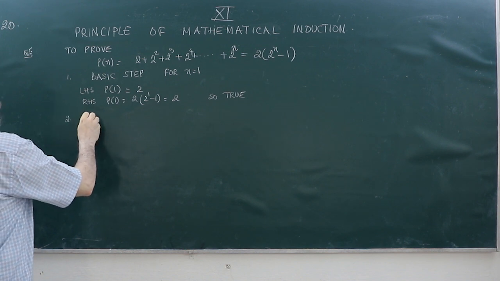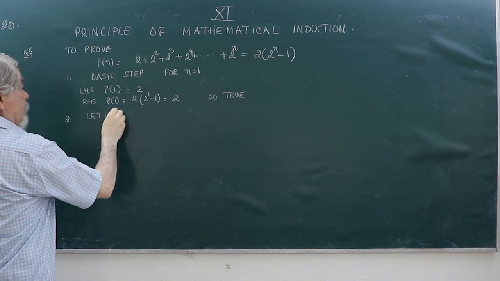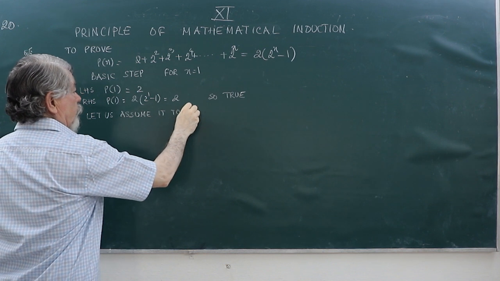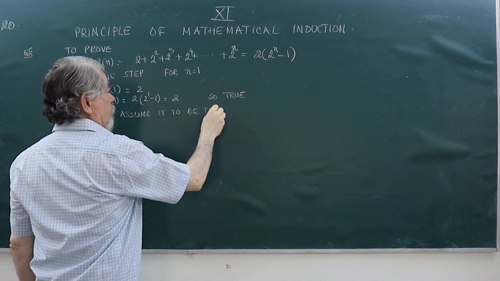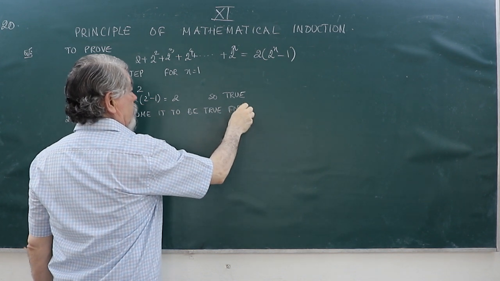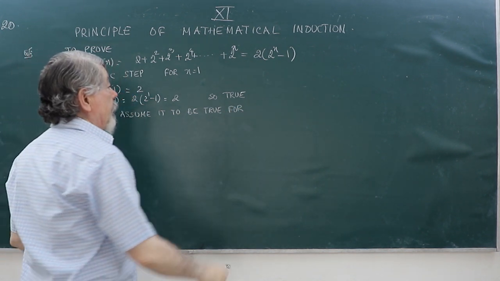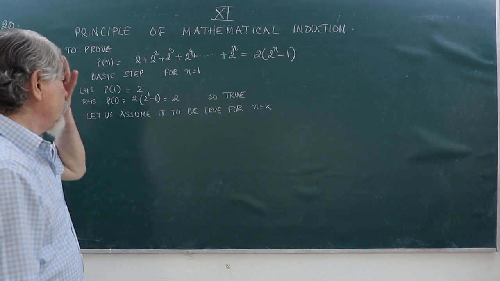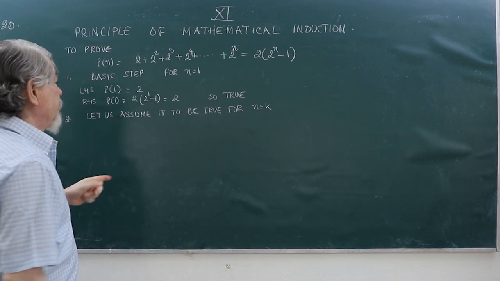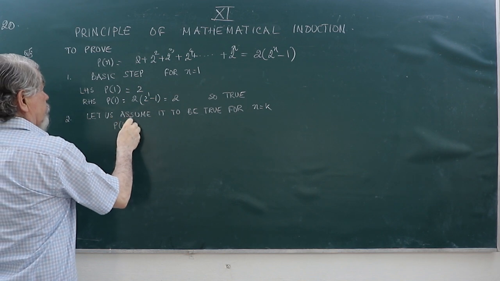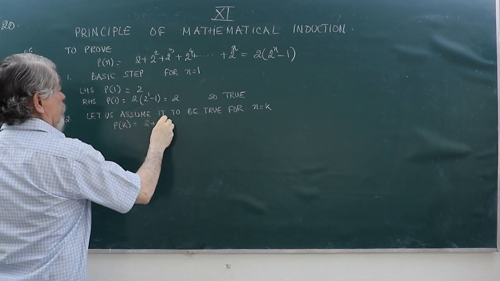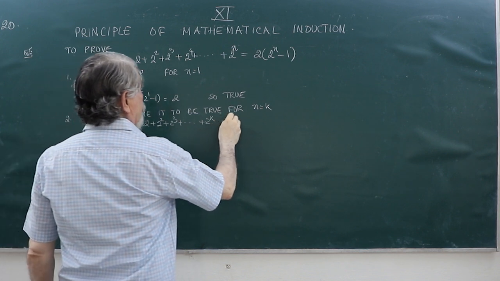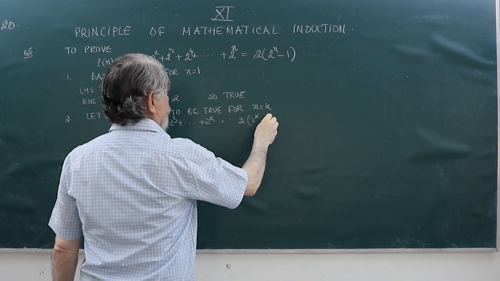Now let us assume that it is true for n is equal to k, that is Pk.